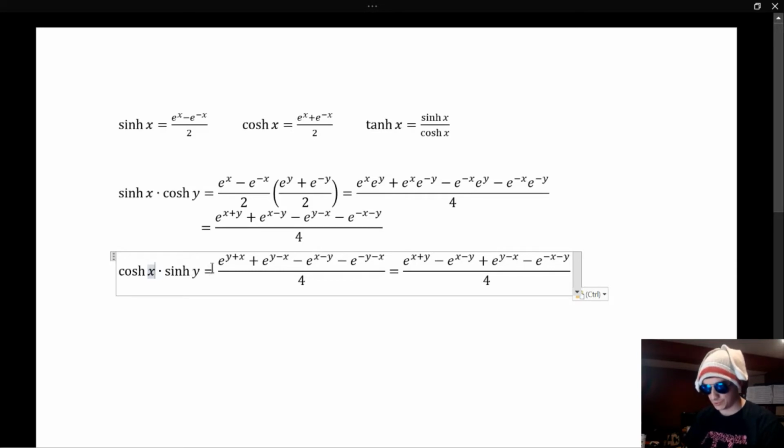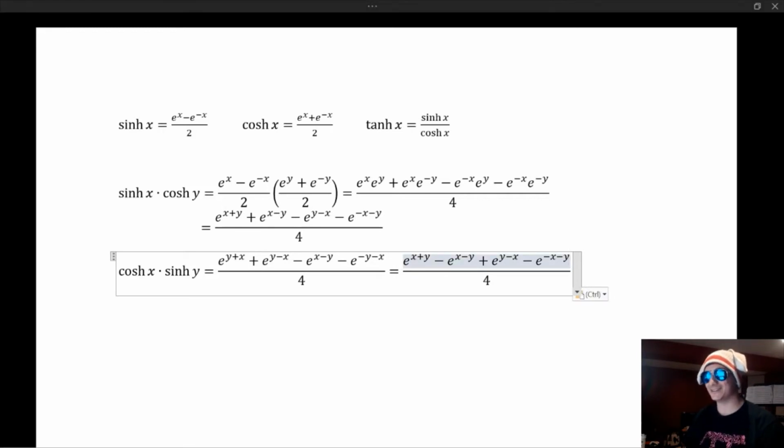So this is equal to e to the y plus x, and so on, which we're just going to rewrite as e to the x plus y minus e to the x minus y plus e to the y minus x minus e to the negative x minus y. And this is just going to make the algebra a little bit easier to notice.